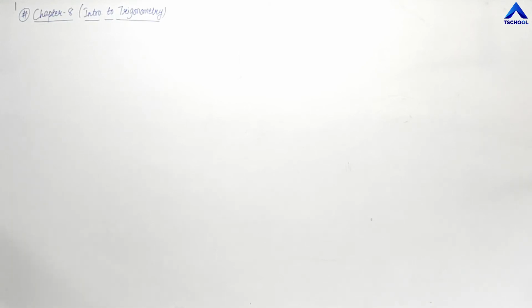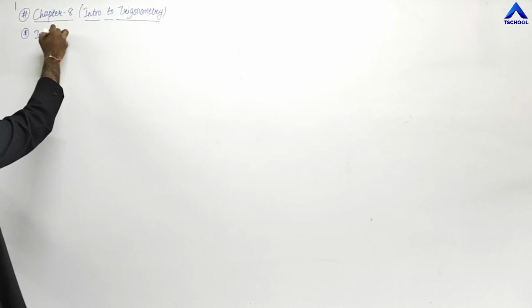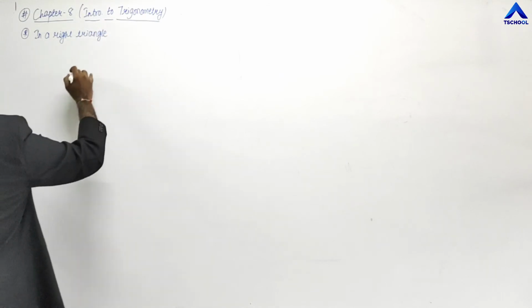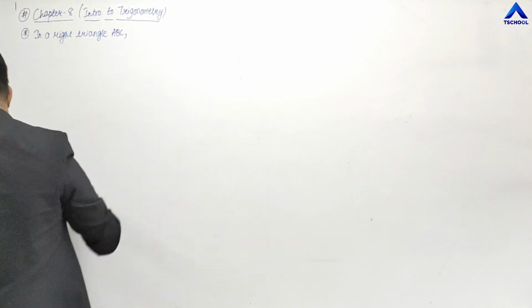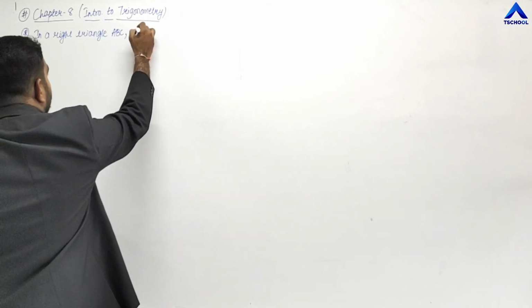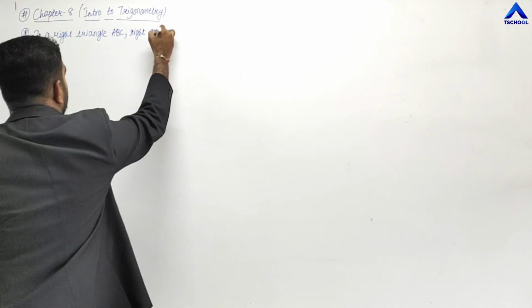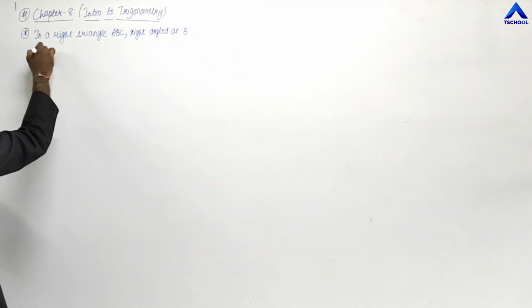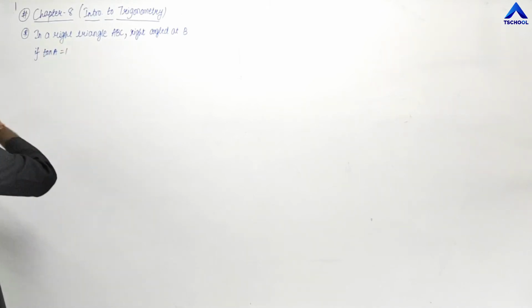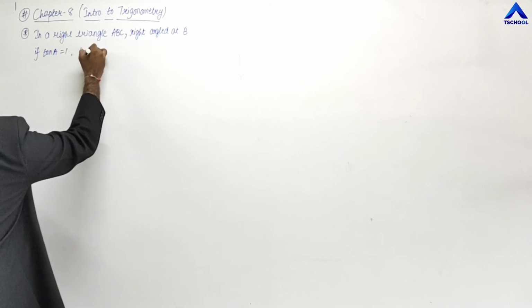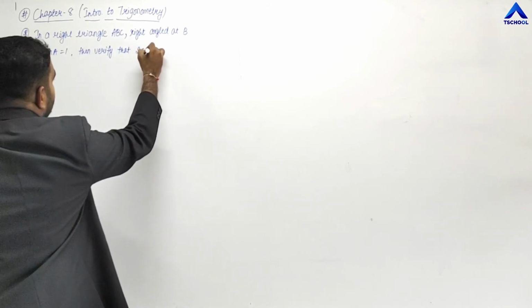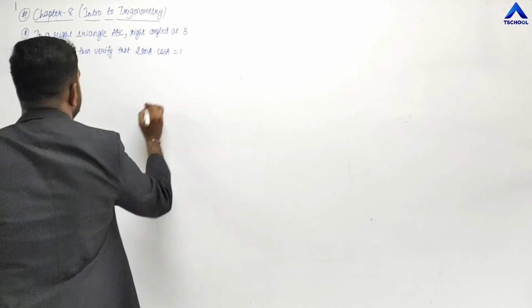The question given to me here is that in a right triangle ABC, right angled at B, if tan A is equal to 1, then verify that 2 sin A into cos A is equal to 1.